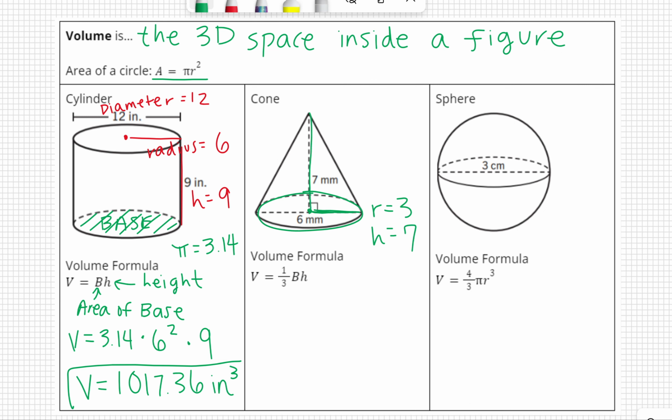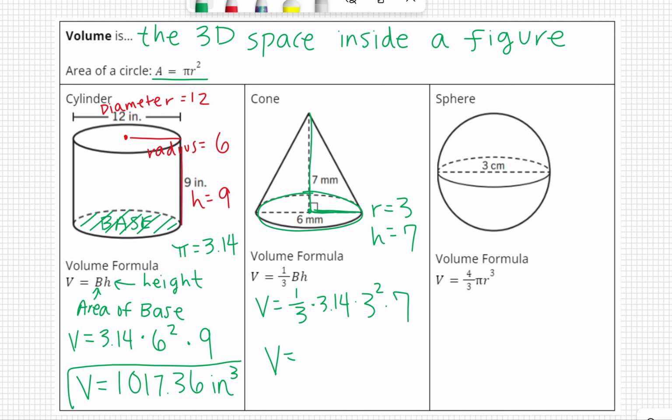So volume is going to be equal to 1/3 times the area of the base, which is a circle, so it's pi times radius squared. So pi is going to be 3.14. Radius is 3 squared. Height is 7. Put this whole string in your calculator.